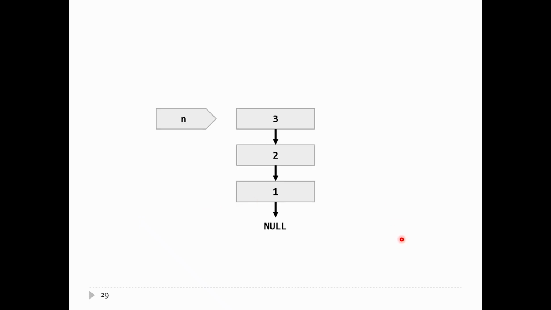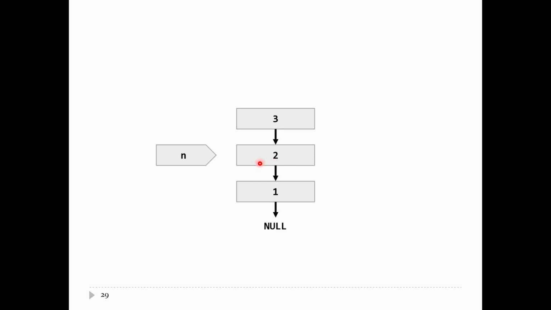All right, so this is what it looks like in a picture. N's a pointer, pointing to the top node of the stack. N's not null, so I can do something with this node. Next iteration, n is equal to n dot next, so now I point to the next node.